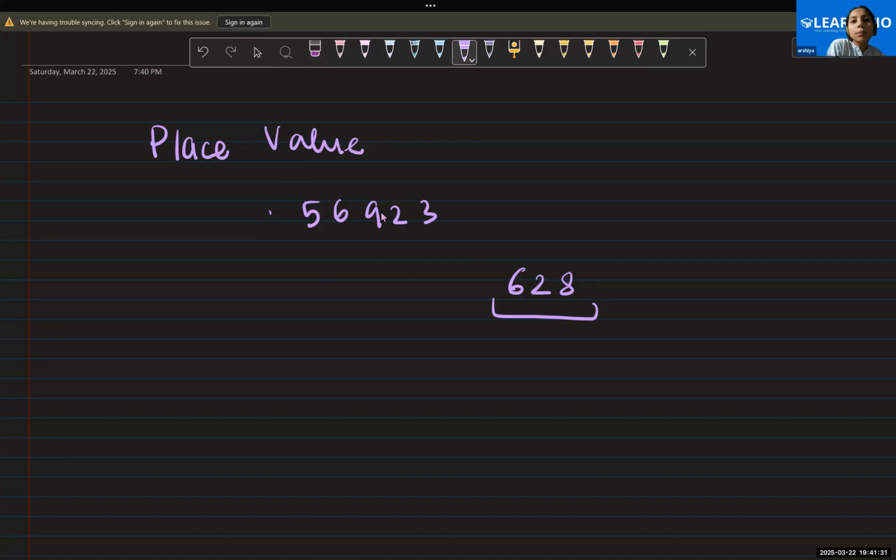Now, what are the place values here? We'll start from the backward side, from the end of the number. This will be ones, this will be tens, this will be hundreds, this will be thousands, and this will be ten thousands. Can you recall a little?